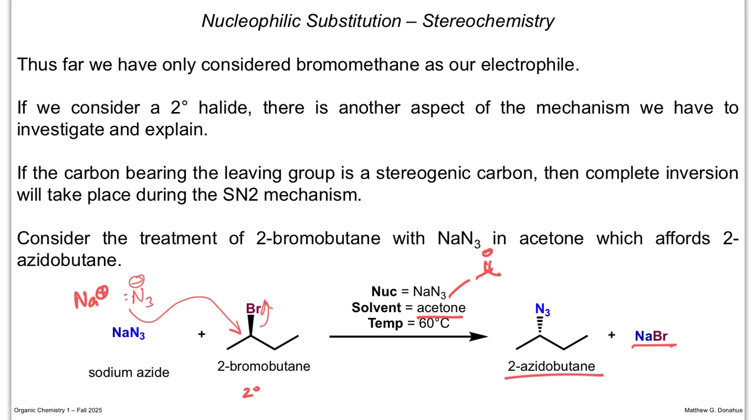What you'll notice is that of that stereocenter, now the azide is attached with this dashed bond. So bromine was out towards you, and now azide is away from you. With the drawing nomenclature, that means that the center has inverted.